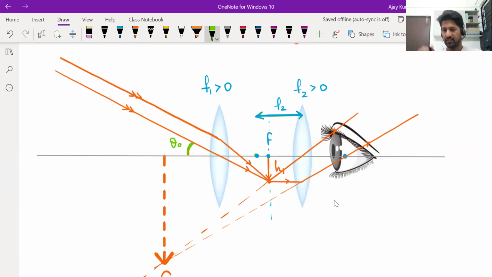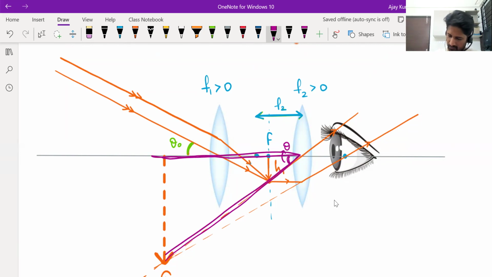But see how the rays are finally entering into the person's eye. They are entering at a much larger angle, theta, that you can see here. Clearly this angle, the one I'm highlighting in violet, is bigger than this angle, the one I am highlighting in green. That is the angular magnification achieved by using a telescope.